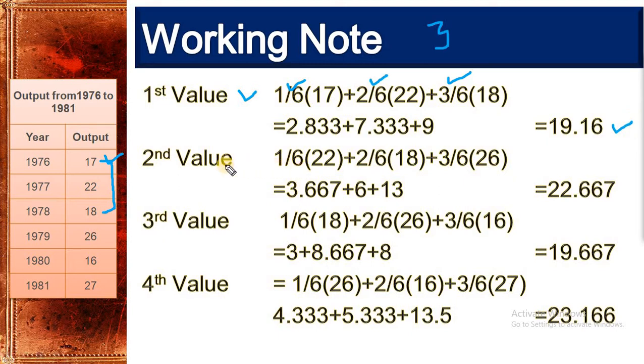Now again I need to discard the first value and consider the next group as 22, 18 and 26.